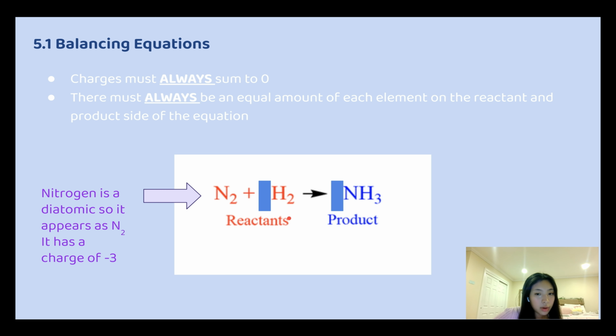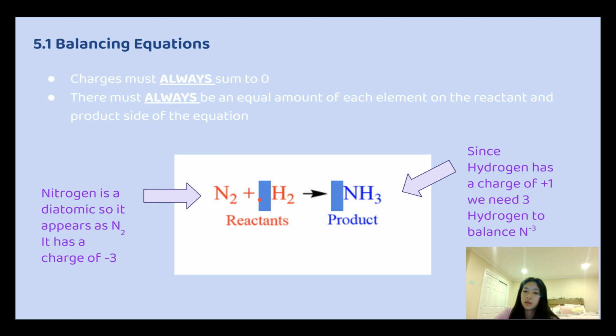To do that, we're going to do 6 divided by 2, and we're going to get 3. So there's going to be a coefficient of 3 on the hydrogen. All right, so let's look at this. Since hydrogen has a charge of +1, we need 3 hydrogen to balance N, which is nitrogen.